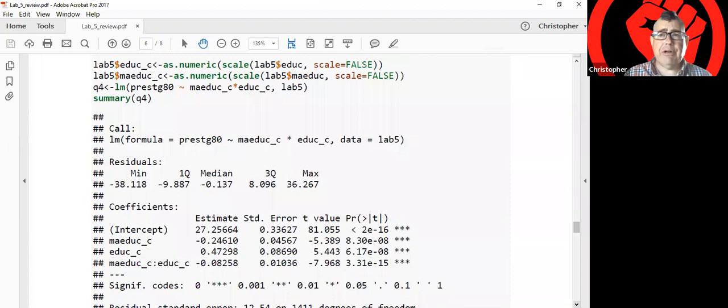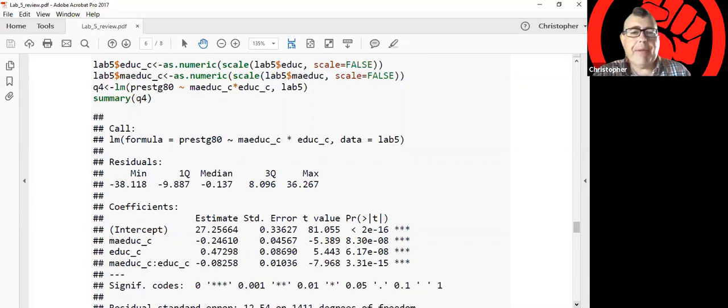You see the output here, and one of the nice things about interactions with continuously scaled variables is that they are going to produce a single coefficient because they're not being broken down into groups. You only need one variable to represent the continuously scaled variables.